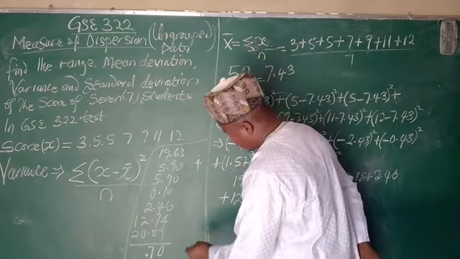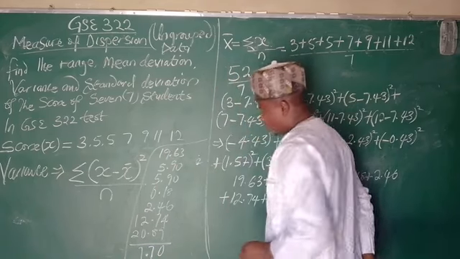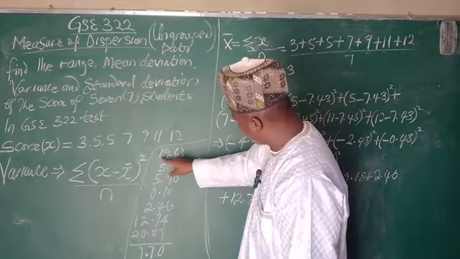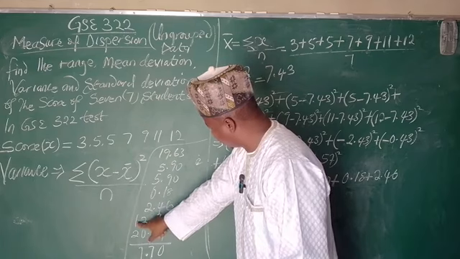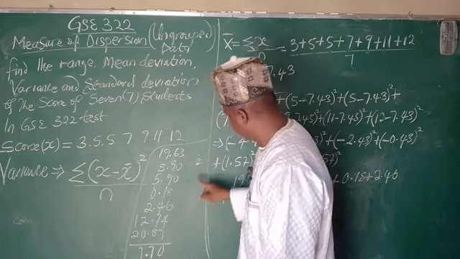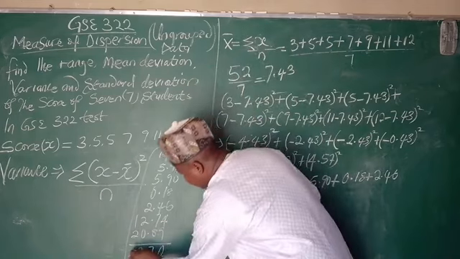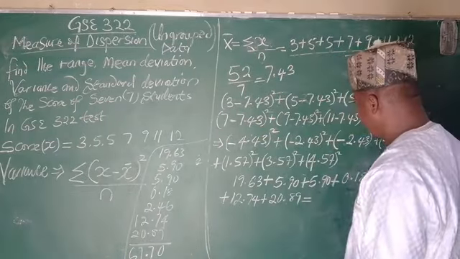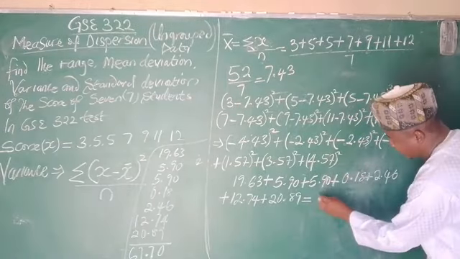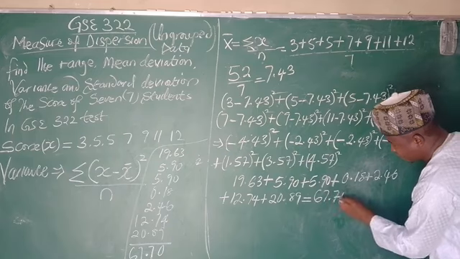Therefore, we should write 7 and we carry 2. Then we have 1 plus 1, that's 2, plus 2, that's 4, plus 2, that's 6, which is 67.70. So the whole of this is 67.70.